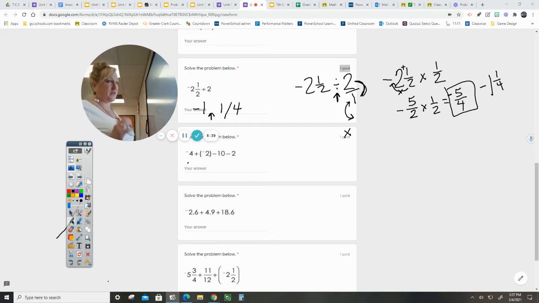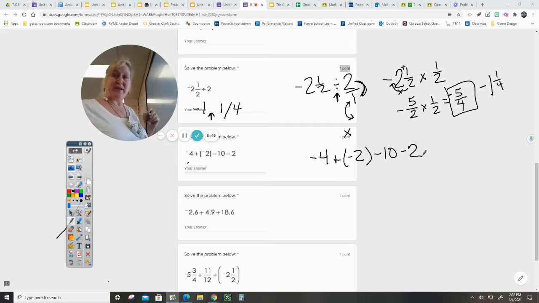This one should be one you guys are familiar with because we've done these. We are doing -4 plus -2 minus 10 minus 2. This is order of operations. We've been doing it since we were little. So there's no multiplication. There is a parentheses, but I think that parentheses is just telling me to remember that it's a negative. So I'm going to start from left to right. -4 minus 2 is -6.